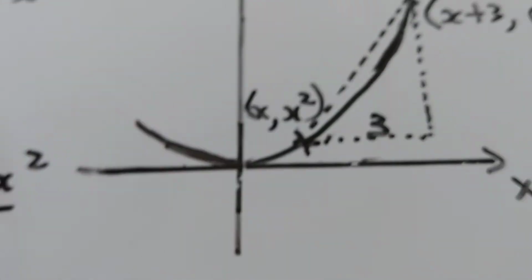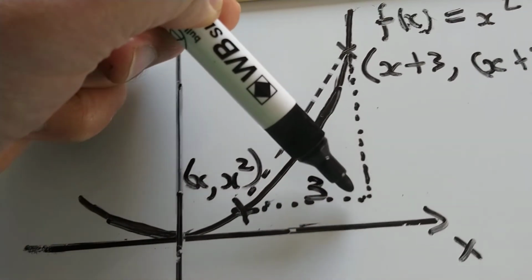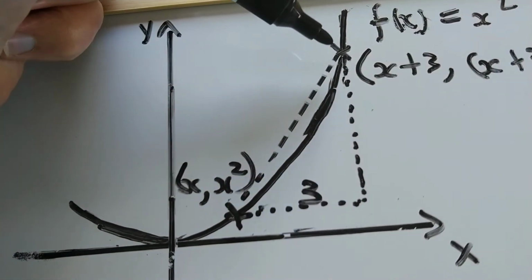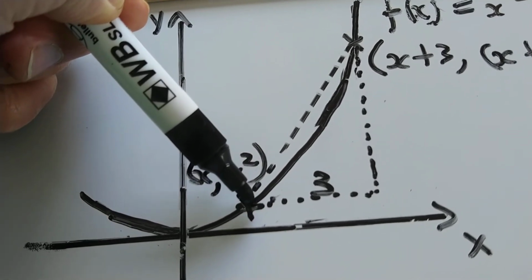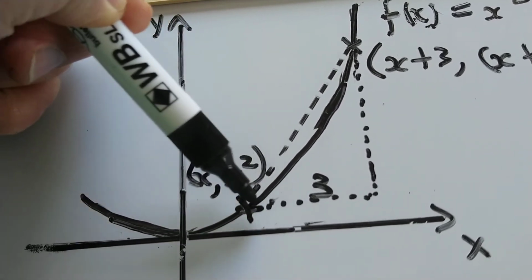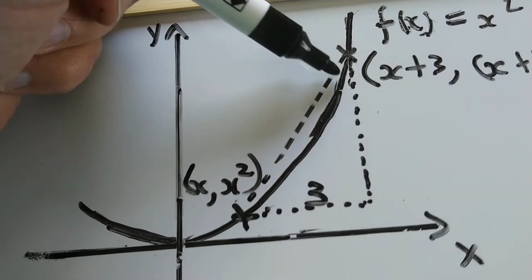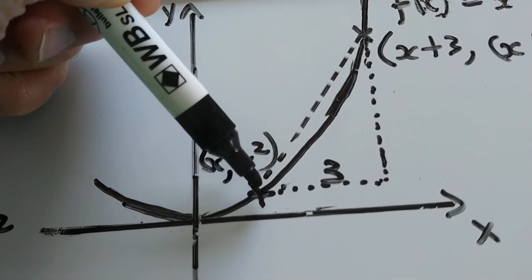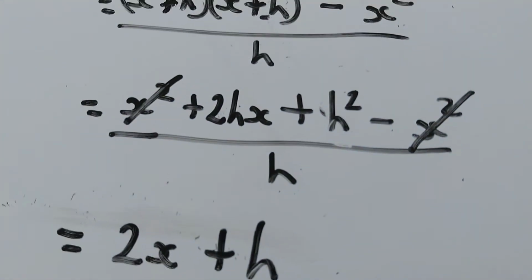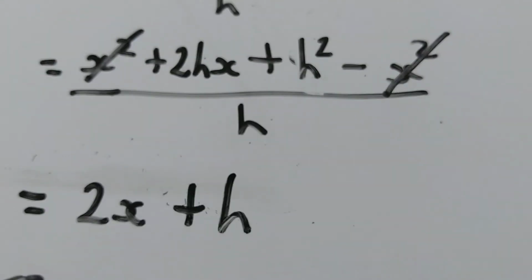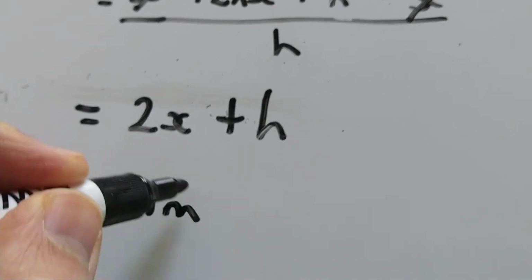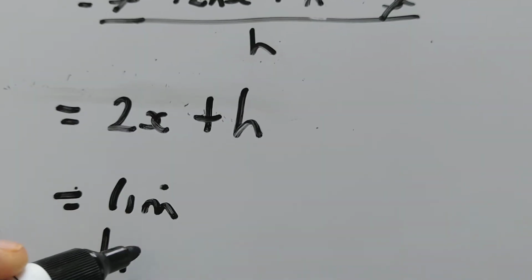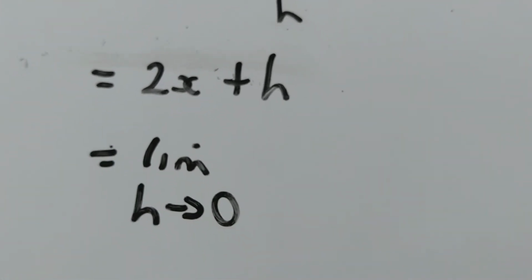What happens as h gets smaller and smaller, because we said as this point moves down the curve closer and closer to the first point, my gradient gets more and more accurate. So we want this distance between these 2 points to be as small as possible. That means let's make h as small as possible. And we say that means this equals, and we write it as the limit as h tends to 0.